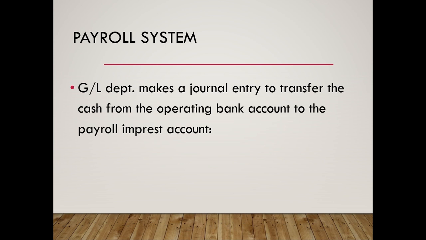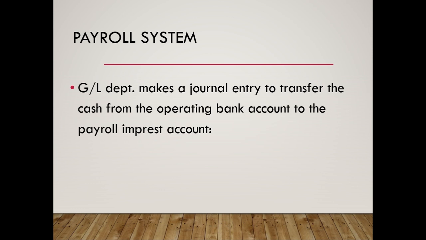the General Ledger Department makes a journal entry to transfer the cash from the operating bank account to the imprest. This process is for funding the payroll imprest. In entities, they may have a separate payroll account and a separate bank account for their operation.